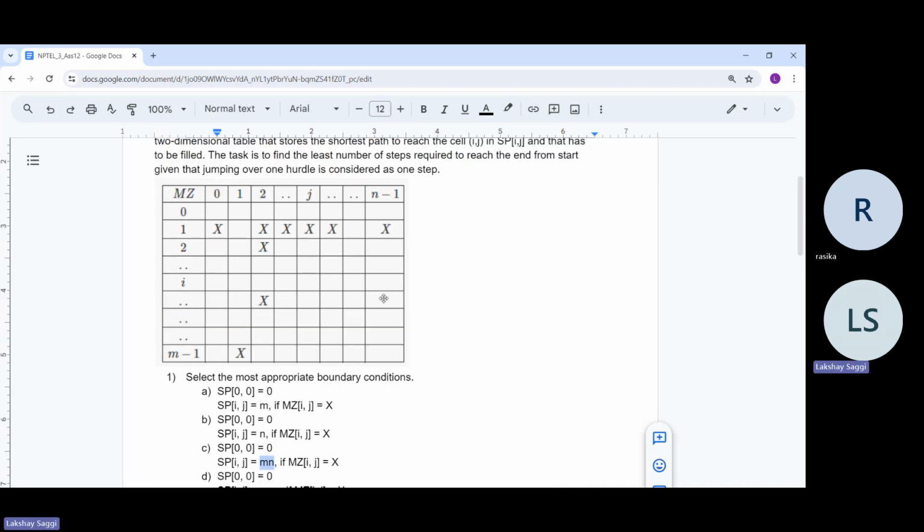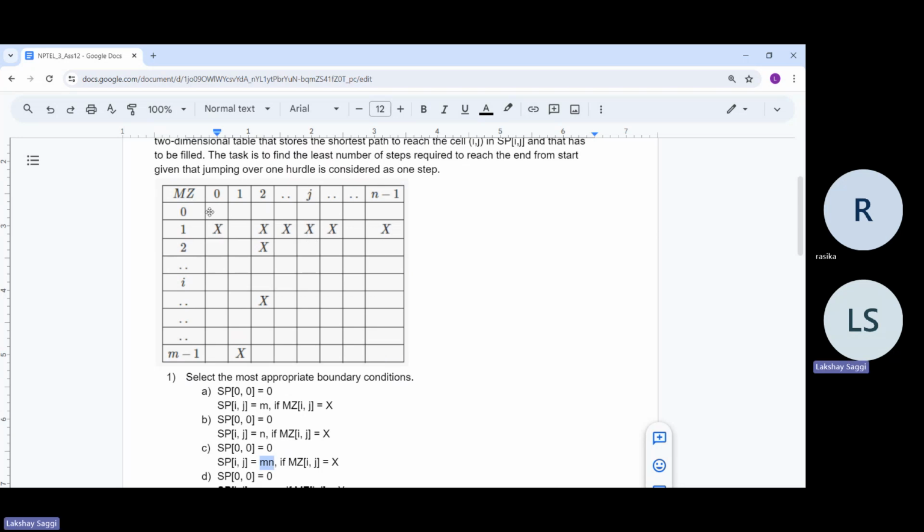So we know in this grid that the distance between (0, 0) and the (m minus 1, n minus 1) cell is a maximum of m minus 1 plus n minus 1 and not more than that, because we'll need to take n minus 1 rights and m minus 1 downs, and only after that can we reach this cell from (0, 0). So this is the maximum number of jumps which will be needed, even over the crosses.